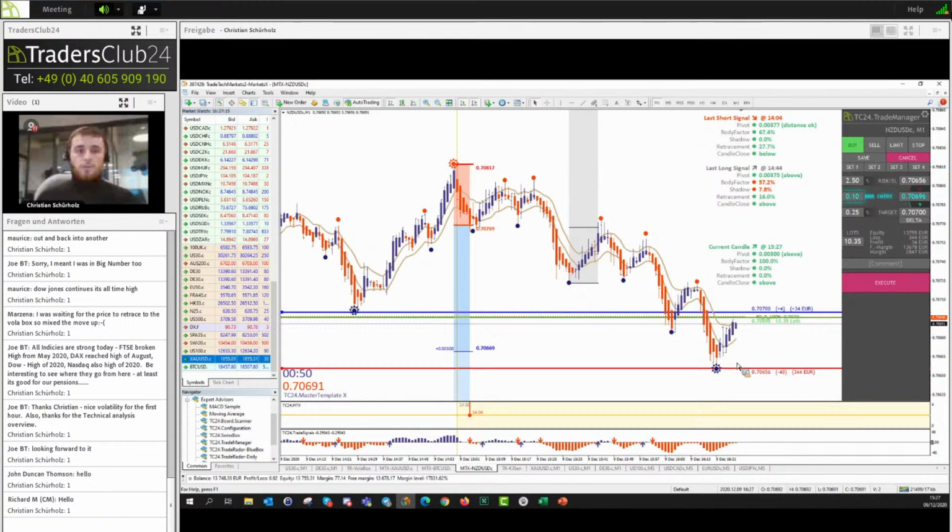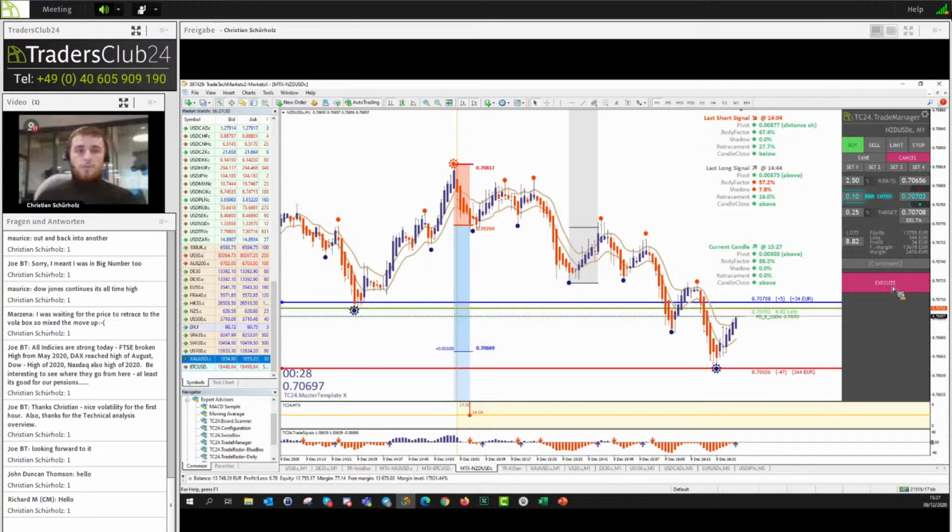So again, waiting for that correct candle to be given. So again, we've got a good signal candle here. Wait and see if it breaks that Fibonacci.